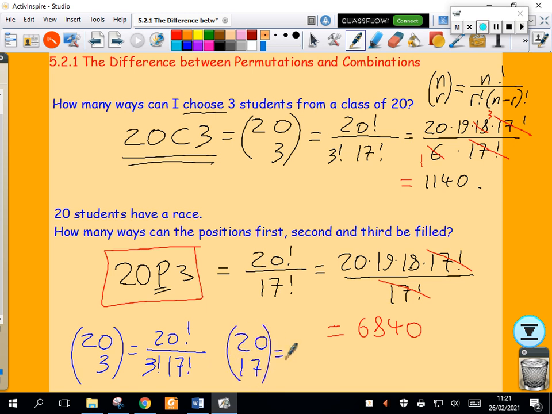Because 20 choose 17 would be 20 factorial divided by 17 factorial multiplied by 3 factorial. And 17 factorial by 3 factorial is exactly the same as 3 factorial times 17 factorial. So 20 choose 3 is equal to 20 choose 17.